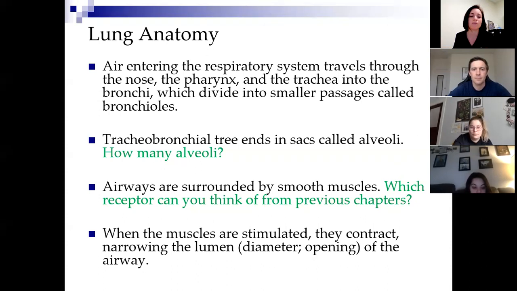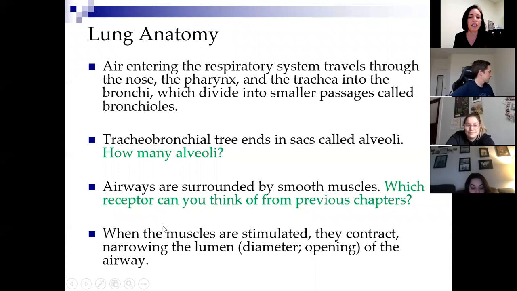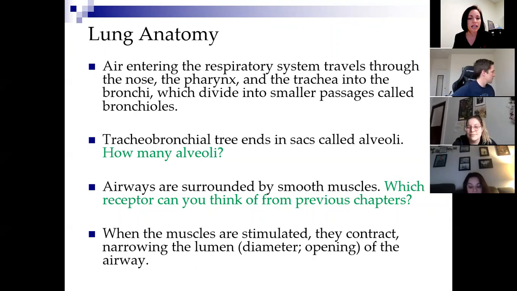So yeah, beta 2. This statement from the textbook, I have to say, I didn't really understand. I was trying to read this over and over again, and it's backwards in my mind. It says when the muscles are stimulated, they contract, narrowing the lumen, which is true.